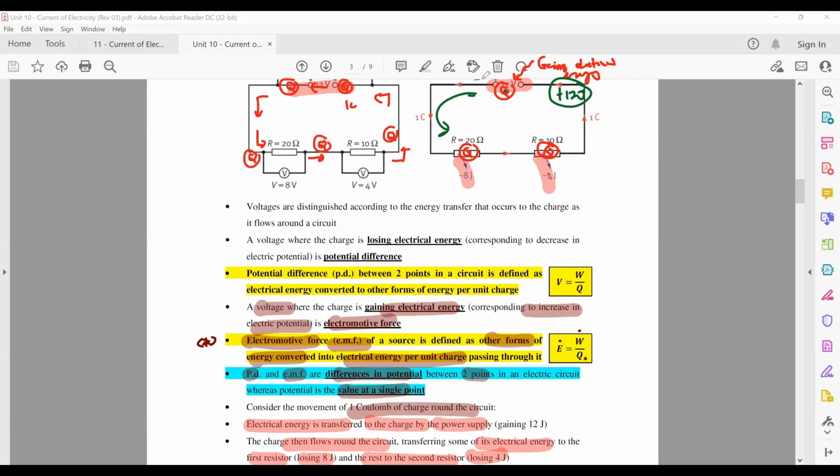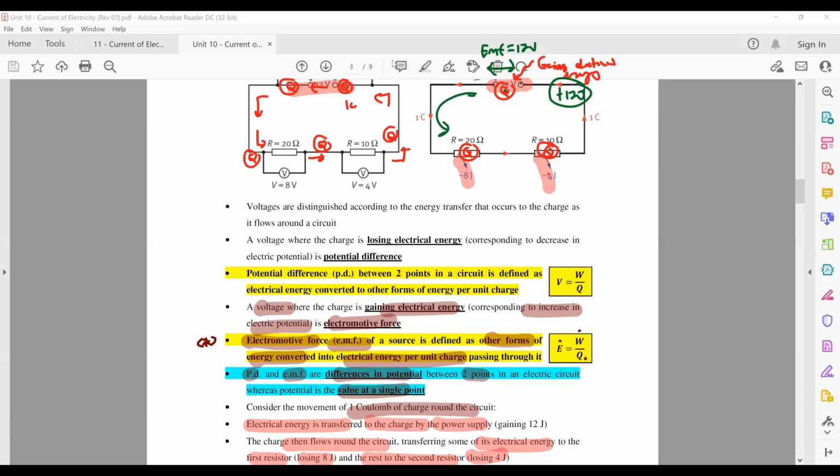So if my EMF was defined as 12 volts, it means that the difference in potential between the 2 points across the battery is 12.